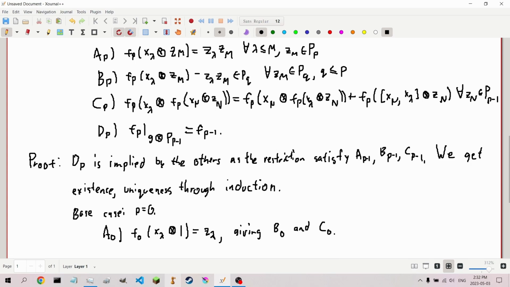B0 says that F0 of x lambda tensor 1 minus Z lambda is in P1, which means it has order of 1, which is obviously going to hold true. And working through C seems like too much work, but it's very similar, as you can imagine.